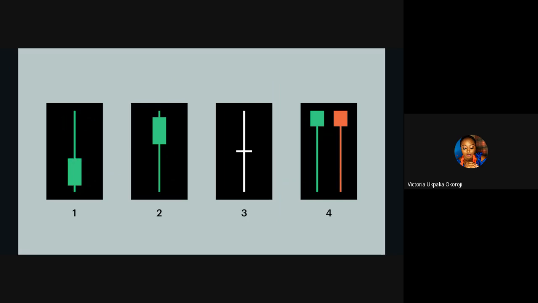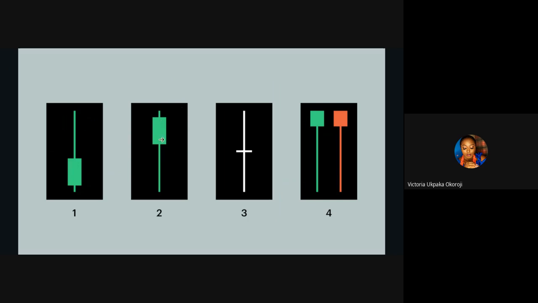This means that investors are trying to take profits. The longer this shadow, this tiny stick, is, the stronger it tells you that people are trying to sell and take profits. Now look at this one: a long lower shadow.